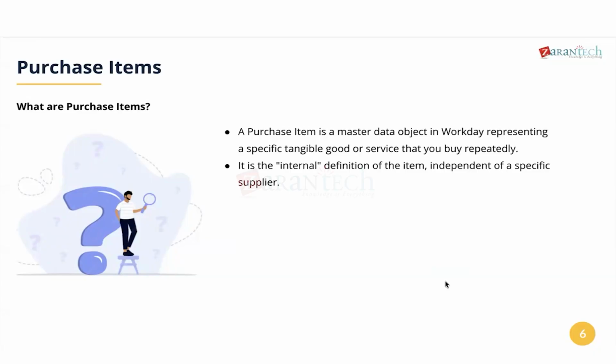Purchase items can be considered items which are not associated with a supplier contract. They can be referred to as standalone items in Workday. A purchase item is master data in Workday representing a specific tangible good or service that you can buy repeatedly. It's not associated with any supplier contract.